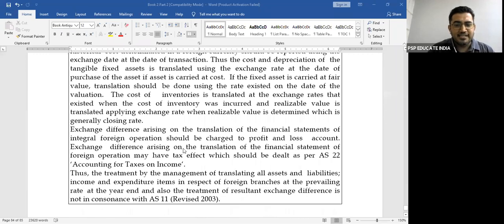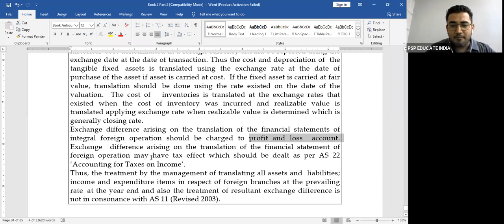Exchange differences arising on translation of financial statements of integral foreign operation should be charged to, very important, underline, the profit and loss account. Everything will go to the profit and loss account. Exchange differences arising on translation of financial statements of foreign operations may have a tax effect which will be dealt with when we do accounting standard 22. Last point, ध्यान देना.